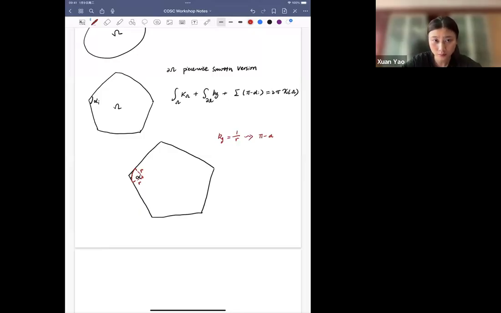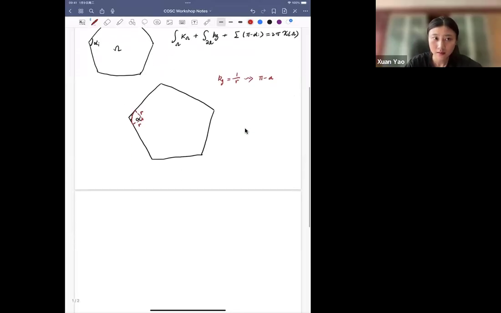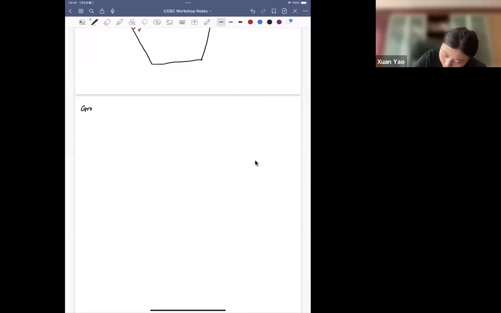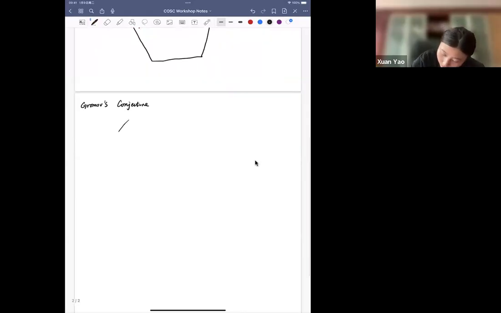In Gromov's four lectures on scalar curvature, he formulated the following polyhedron comparison conjecture. Suppose you have a convex polyhedron P in Euclidean space.